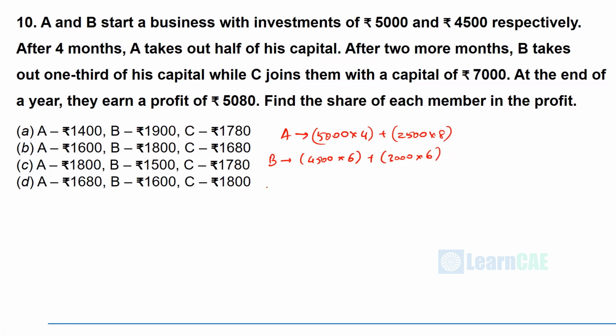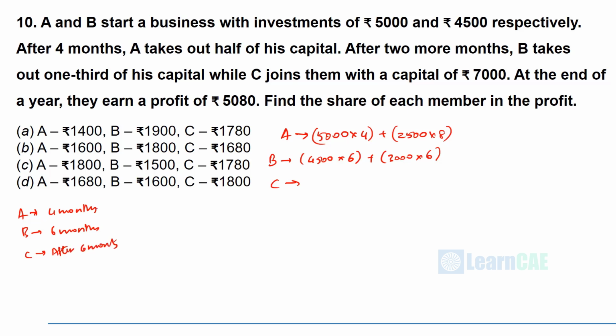Okay. And next is C. While C joins them with the capital of 7,000. It means C has joined when B has withdrawn 1/3 of his capital. B has withdrawn after 6 months. Okay, I will write the time period here. A 4 months, B 6 months, C after 6 months.